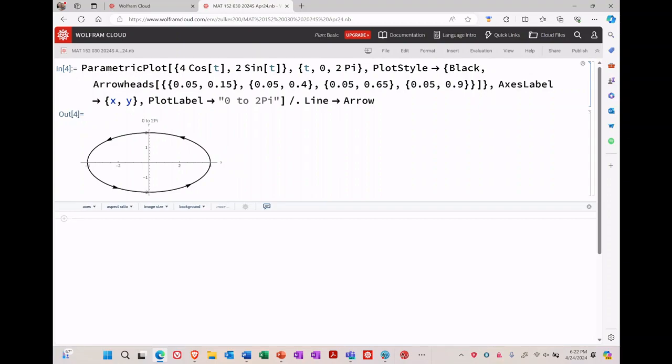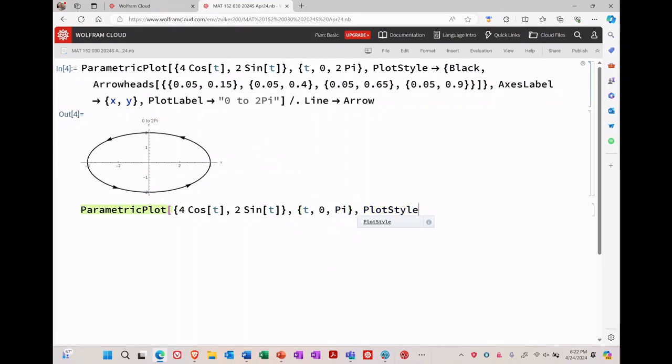Next up was 0 to pi. Oops. And I'm just going to ignore arrows from now on.